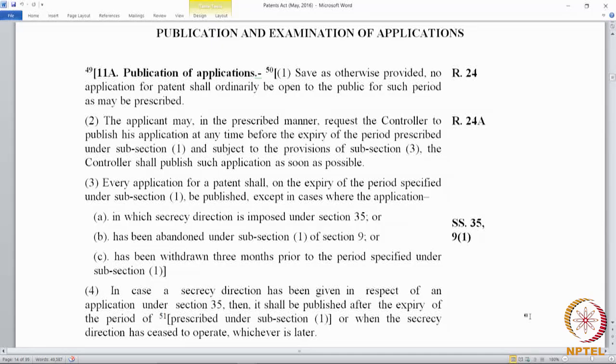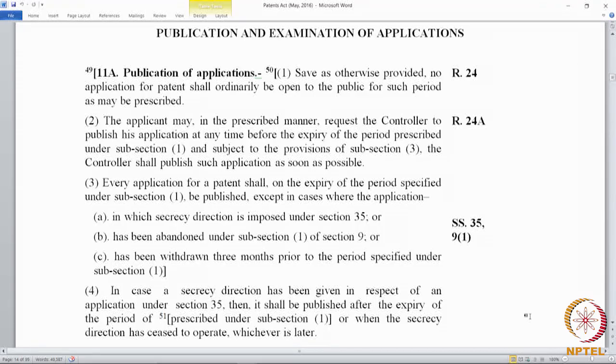Now, assume that an applicant does not want the benefit of this 18 months. Assume an applicant wants to file an application only in India and he is not bothered about going elsewhere, and he is in a hurry, he wants a grant quickly for whatever reason. Then the law allows him to take a request for publication, which he can do on the date of filing the application itself.